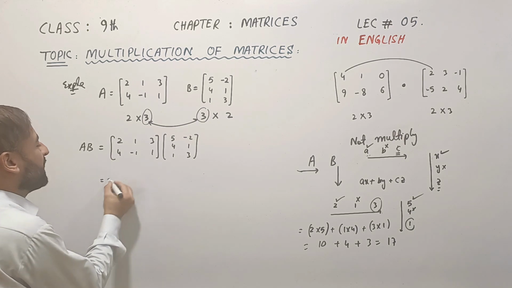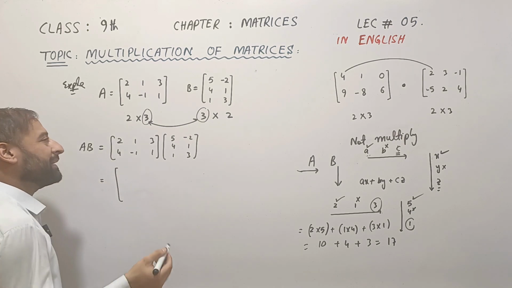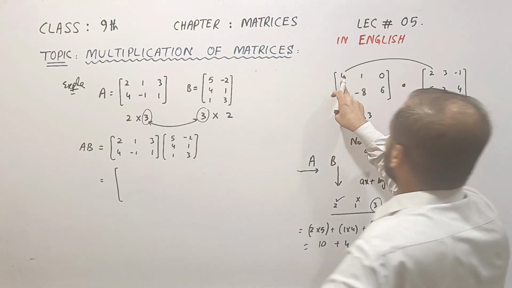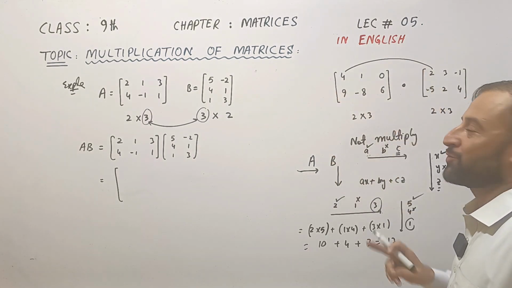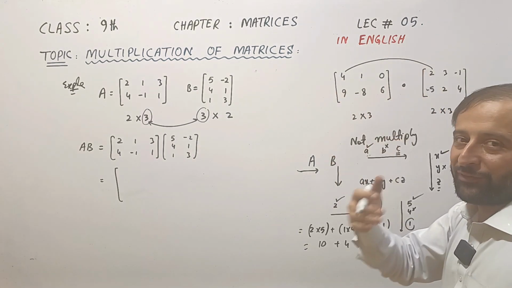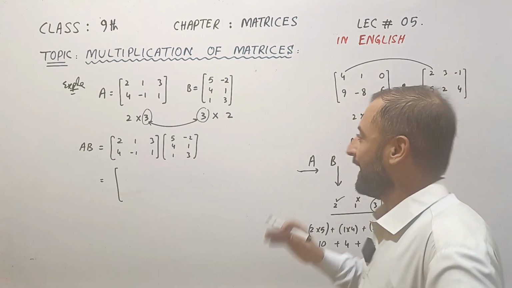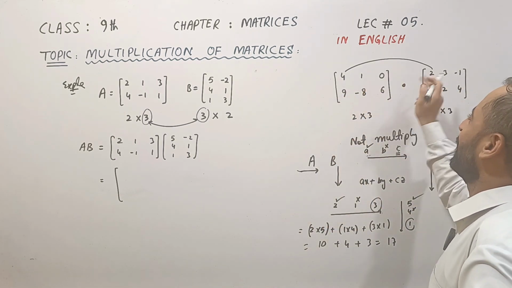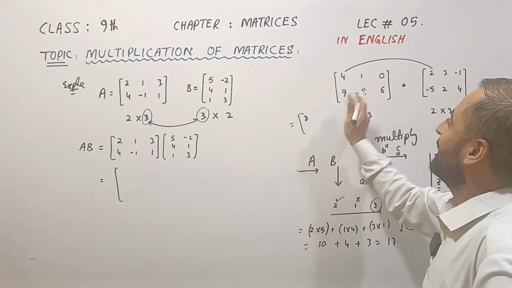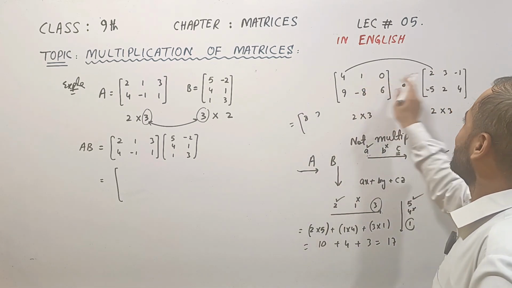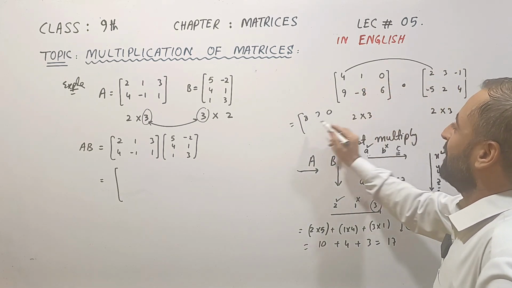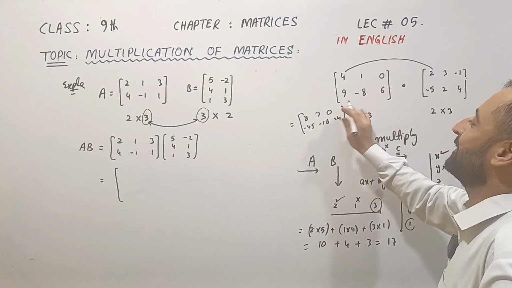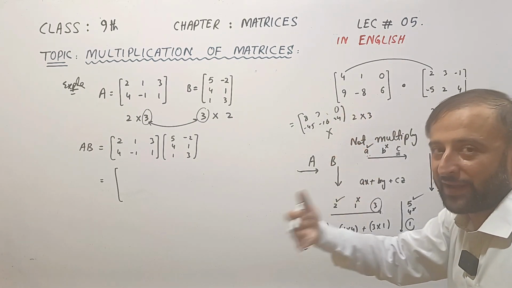I mean that multiplication is not defined like multiplying the corresponding elements of the two matrices, like we have done in addition. It is not defined in this way, that their multiplication will be 4 multiplied by 2, 8, 1 multiplied by 3, 3, 0 multiplied by minus 1, 0, minus 45, minus 16. No, no, it is not defined like this. It is predefined.